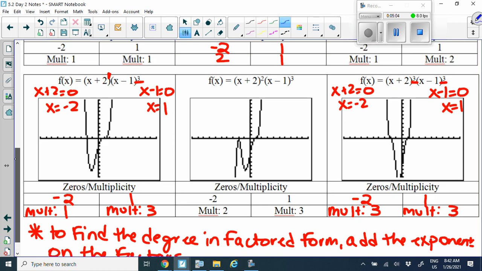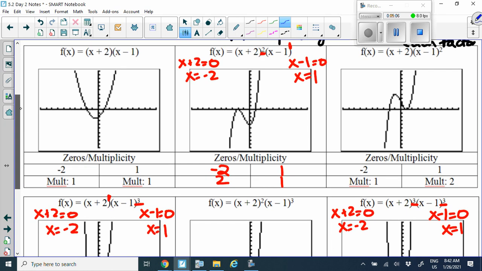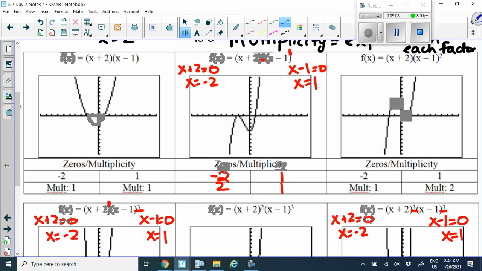This is really neat. So let's look at the first one. So notice that we have the factors of x plus 2 and x minus 1, and each of them has an exponent of 1. Well, to find the degree, we're going to add those exponents. So in this case, we get a degree of 2.